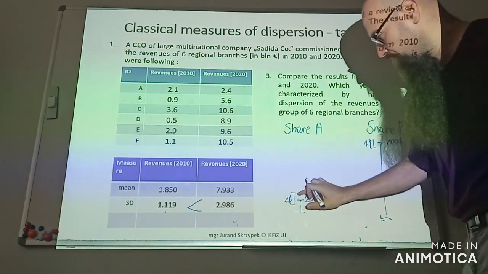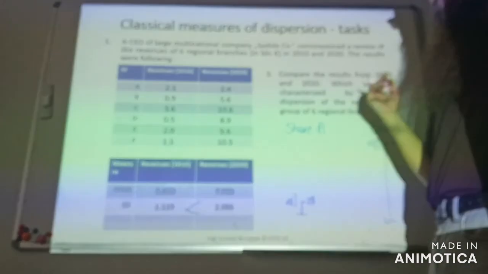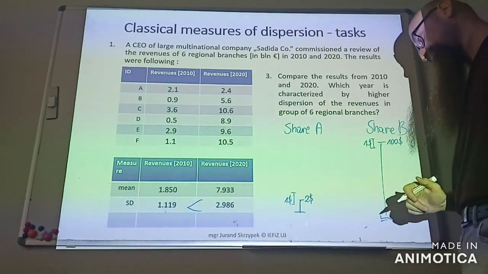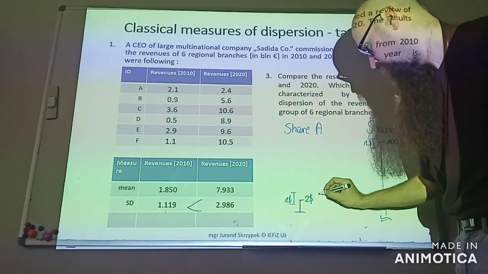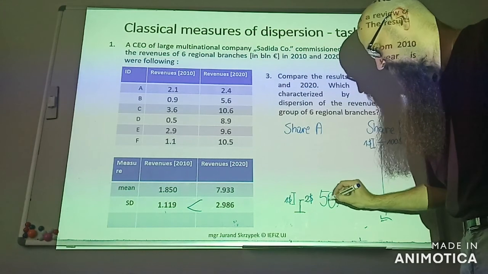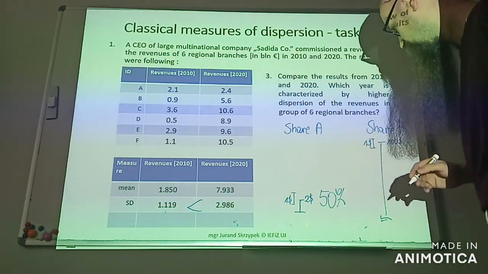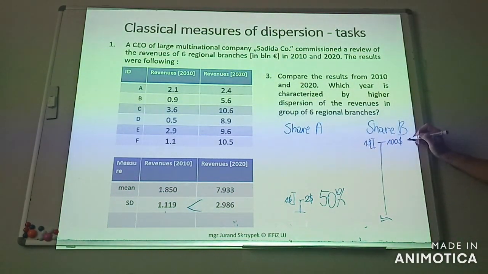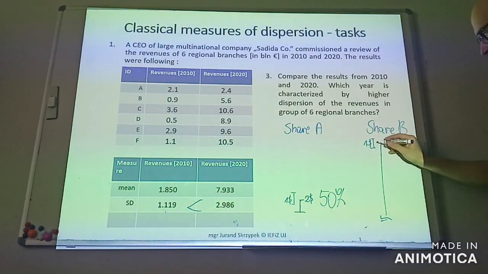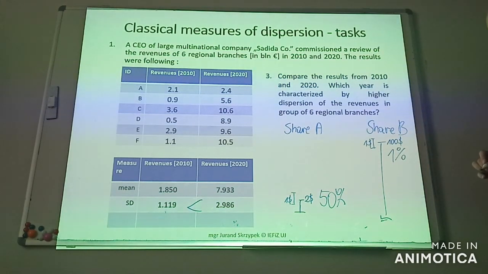Yeah, because here the average deviation represents 50% of the mean level. Here, the average deviation of the price represents only 1% of the mean level of the considered phenomenon. Yeah.